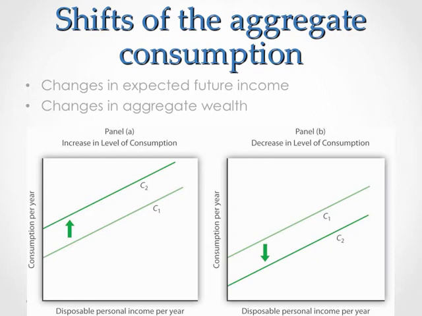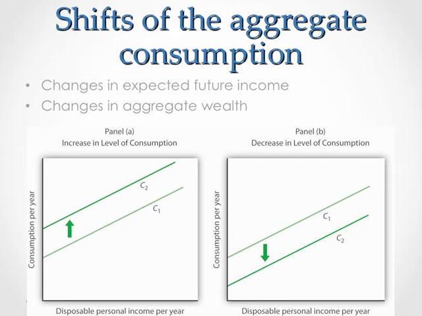Changes in aggregate wealth. The two best examples of that refer to stock market changes and housing prices, home prices. If you own your own home and the home price goes way up, so you own that home already, you bought it for $100,000, now it's worth $400,000, well, that's good for you. You feel richer. And so you are going to spend more money, even though you aren't actually making any more money at work.